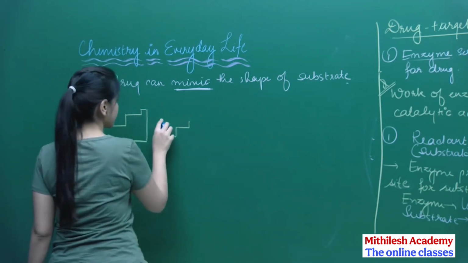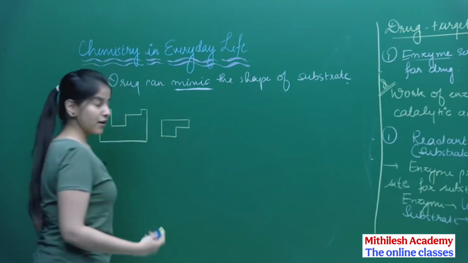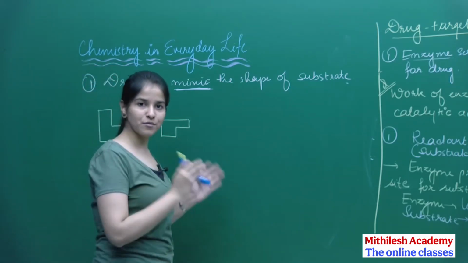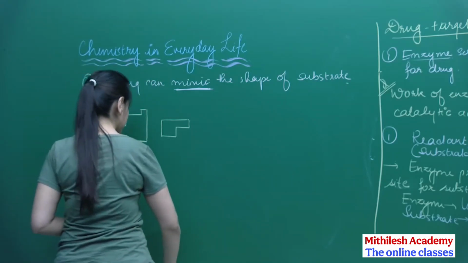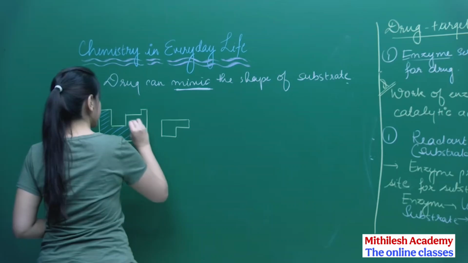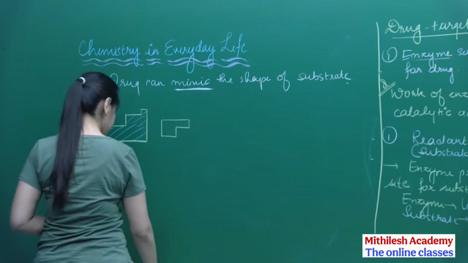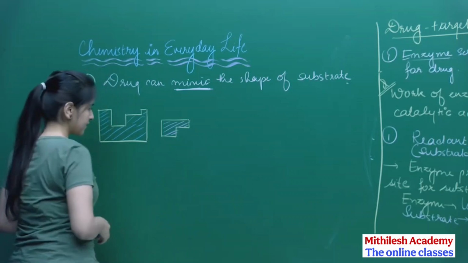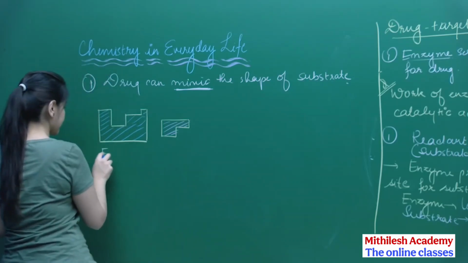So that is the substrate which we have got. And what about the drug? The drug will also have a similar kind of shape. So this is the enzyme that we have taken initially, and that is the substrate.